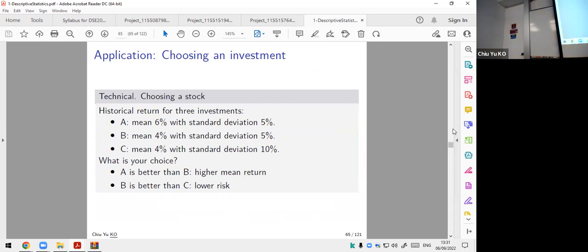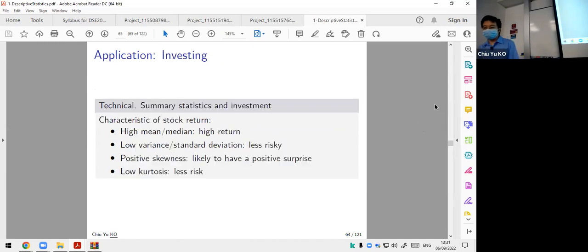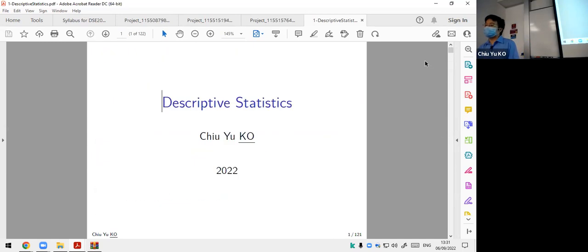The Excel part has many pages because I want to show every single step there. Otherwise, the main content is not long, and there is a lot of graphics in this one. So this is an unusually long chapter, but nevertheless, I think it's one of the easiest because most of the concepts have been learned in high school, at junior high or senior high. It will be something easy.